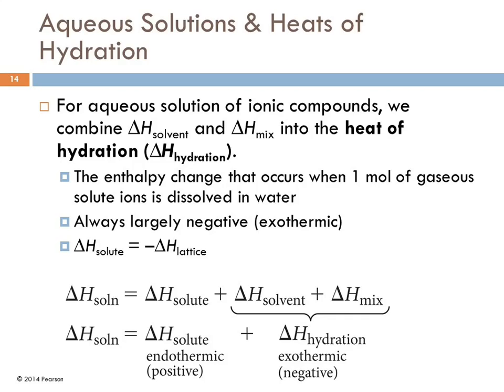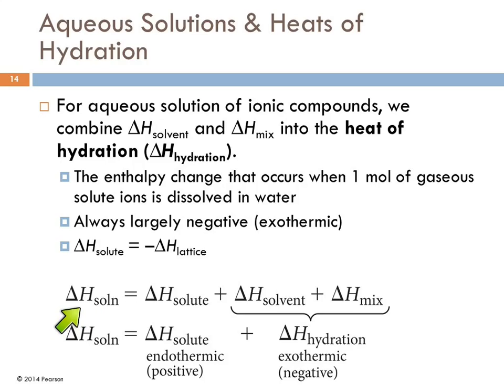So if we're going to do the opposite, if we're going to separate those ions from the solid into the gas state as separate ions, it's the same amount of energy, just with a different sign. We can measure that lattice energy, so then we can know the heat of solute, the energy needed to separate the solute particles.